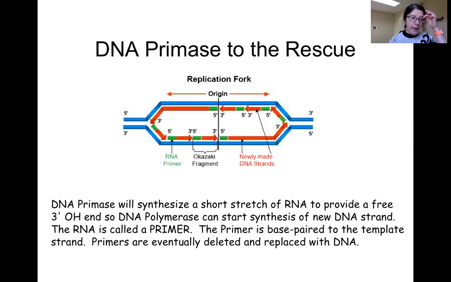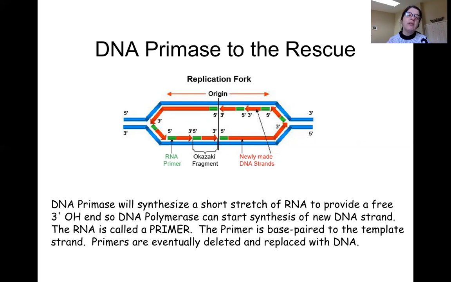So for this reason, DNA replication utilizes an enzyme called DNA primase. Sometimes you'll also hear it referred to as RNA primase because it really is an RNA polymerase. It will synthesize a short stretch of RNA to provide a free 3' hydroxyl end so that DNA polymerase can start synthesis of the new DNA strand. And you will see here in this model, the primers in green, all right?